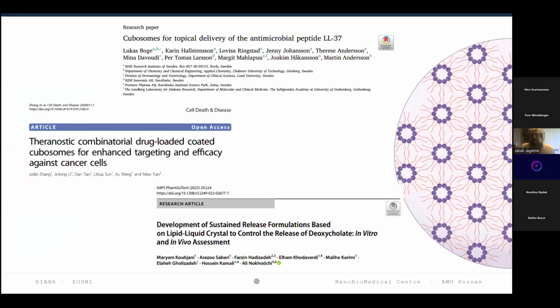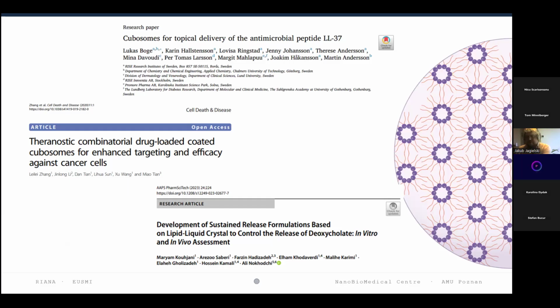But the range of the applications extends further. We have the cubosomes for topical delivery of antimicrobial peptides. In this case, we can research theranostic drug-loaded cubosomes combining diagnostic imaging and therapeutic efficacy against cancer cells, and, for example, sustained release formulations based on liquid crystals for controlled delivery of bile salt derivatives.